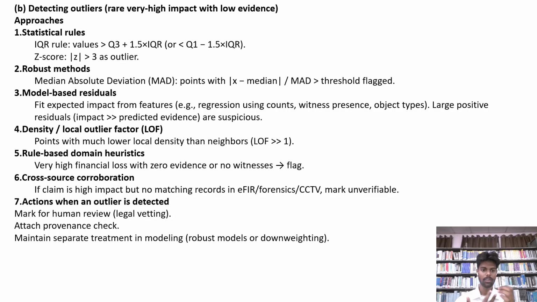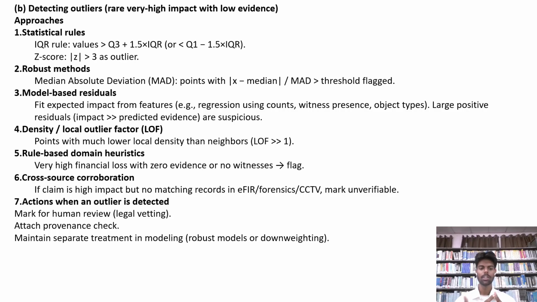Robust method, median absolute deviation, MAD. Points with absolute value of X minus median over MAD greater than a threshold are flagged. Third, model-based residual. Fit expected impact from features, for example regression using grounds, fitness presence, object type. Large positive residuals, where impact is much greater than the predicted evidence, are suspicious.